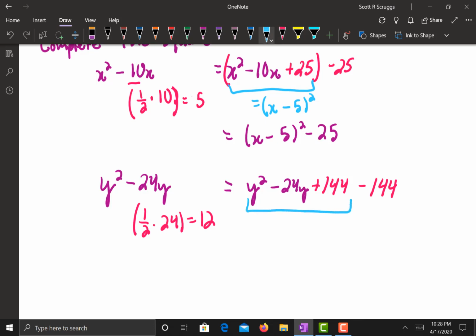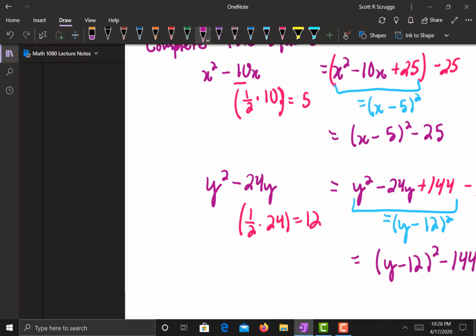And this should equal y minus 12, all of that squared, giving me a final answer of y minus 12 squared minus 144. Alright, and there's our two expressions after completing the square.